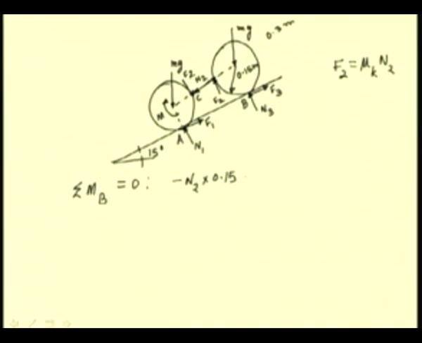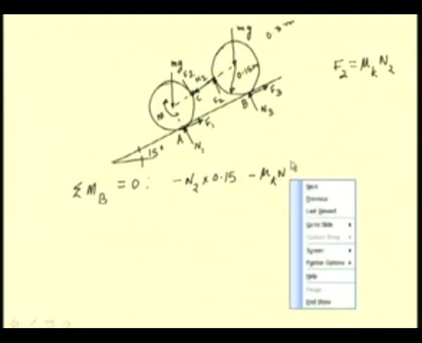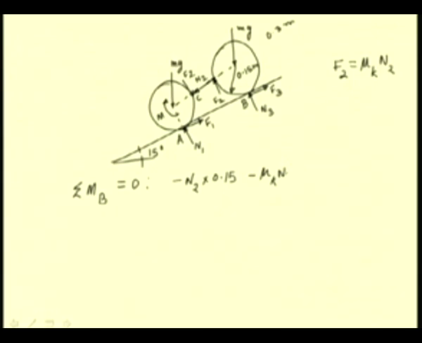Then we have minus mu k times N2. This force is positive, this is a negative force, mu k times N2, which is this force F2, which also has a moment arm of 0.15.